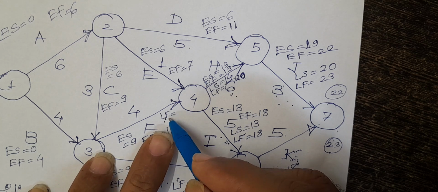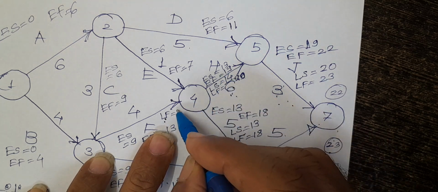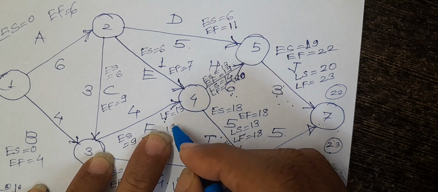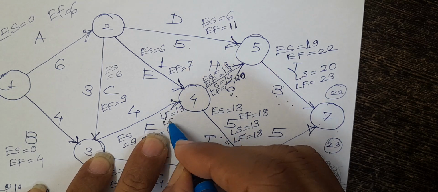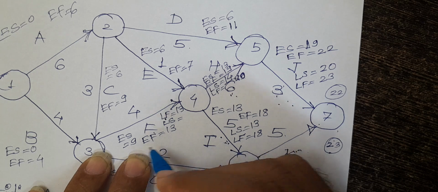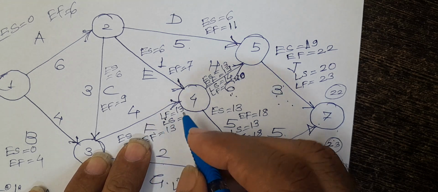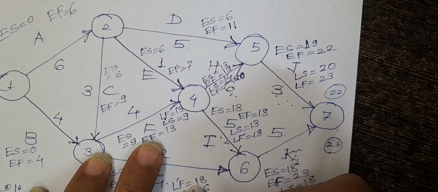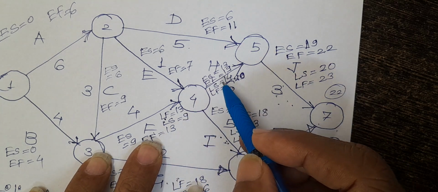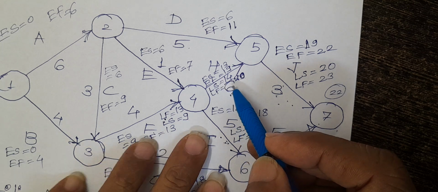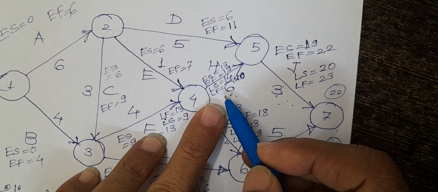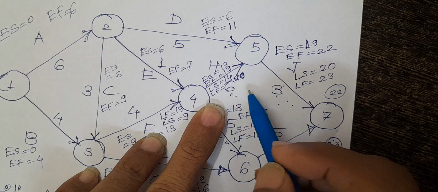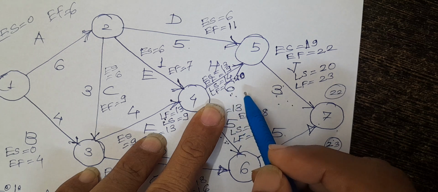So latest finish for this activity is the latest start, it is 13, and latest start of this activity is 13 minus 4. 13 minus 4, it is 9. Okay, so activity H, latest finish is 20.